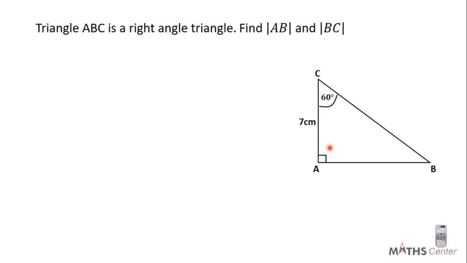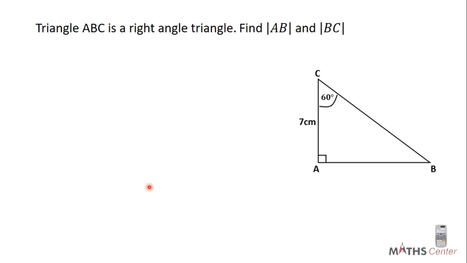We have also been given another interior angle to be 60 degrees. We have been given this side as 7 centimeters, and we are supposed to find the length of this side, which is AB, and the length of this side, which is BC.